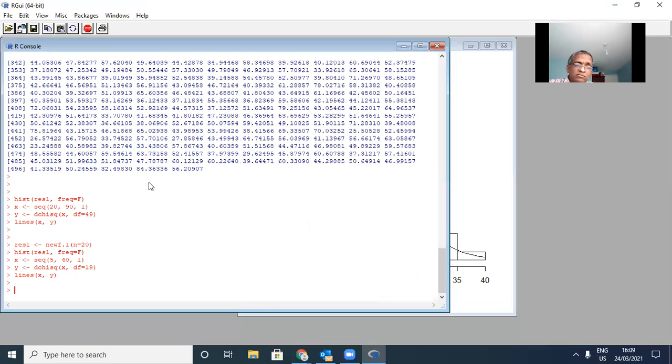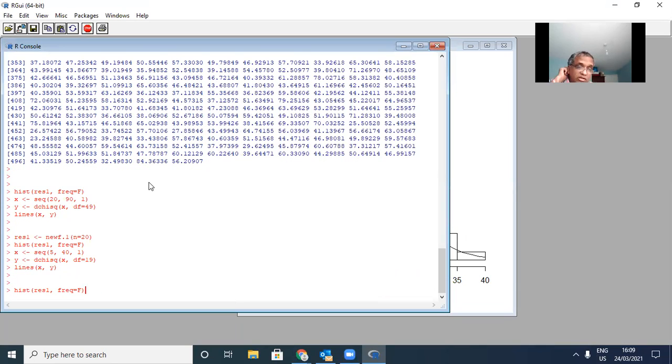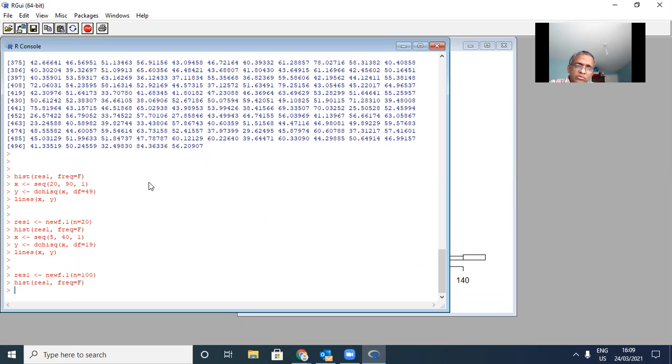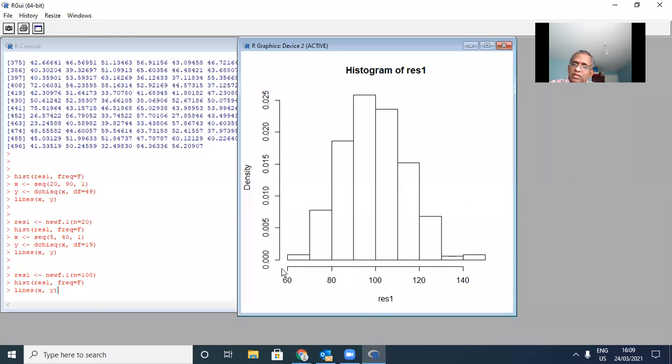Okay. Now, finally, let me choose, say, n to be 100. So let's change n to 100, right? Then I do a histogram, and then if you look at the histogram, the x goes from 60 to 150.